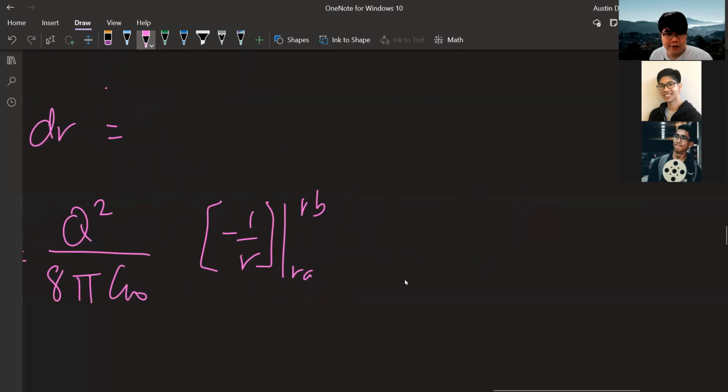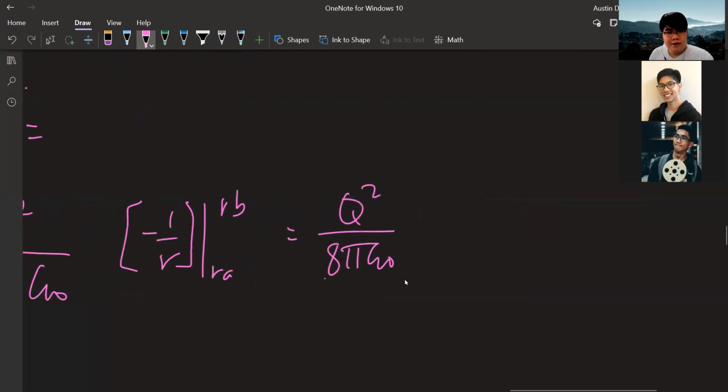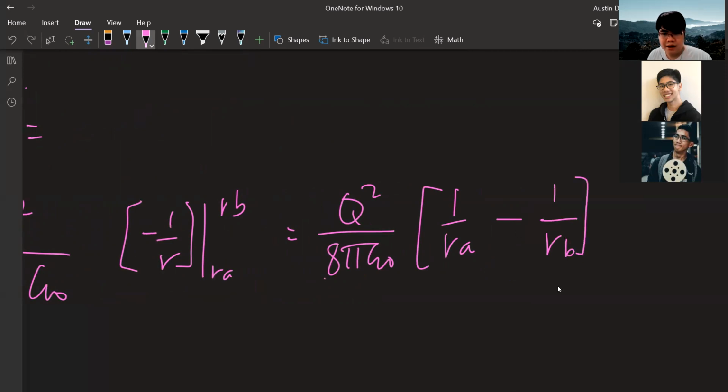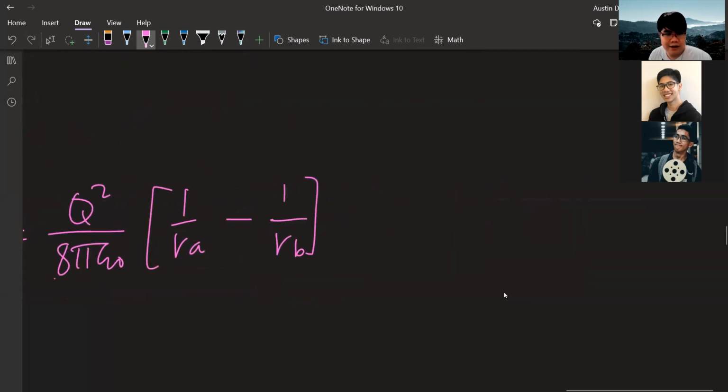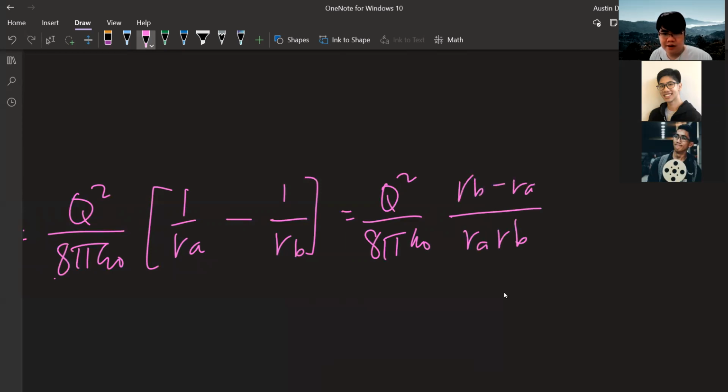Okay, and then if you write this down, we have 1 over RA minus 1 over RB, that if you would simplify this, combine them, you're left with RB minus RA over RA RB.